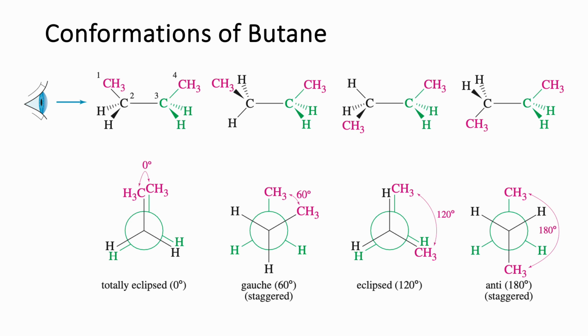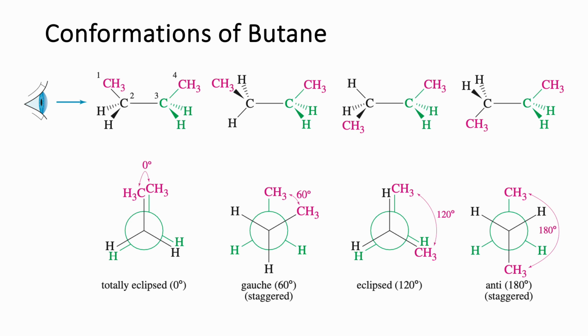Carbon-2 is spinning along that carbon-2,3 bond, and now we've spun another 60 degrees in that third image, another 60 degrees clockwise. That has given us an eclipsed conformation. You can now see that the hydrogen on top and the methyl on top are now eclipsed. That methyl is eclipsed with the hydrogen in the back, and so on.